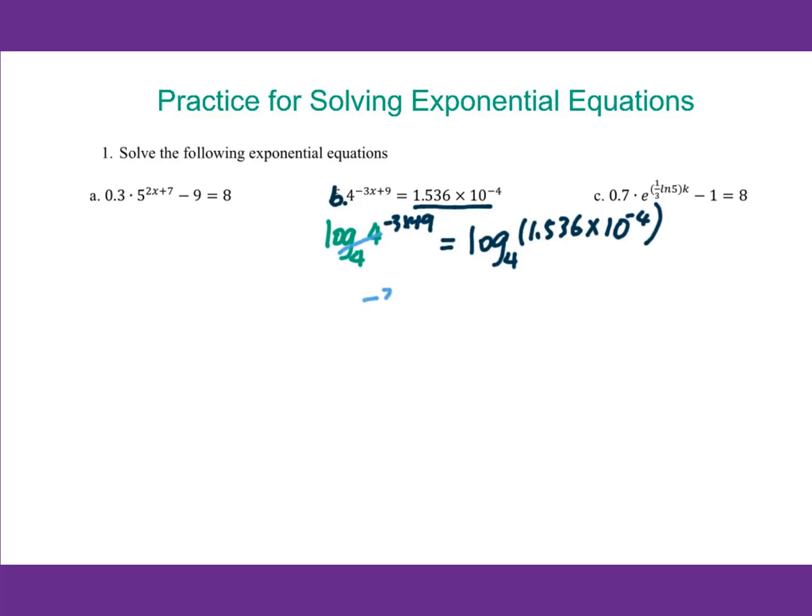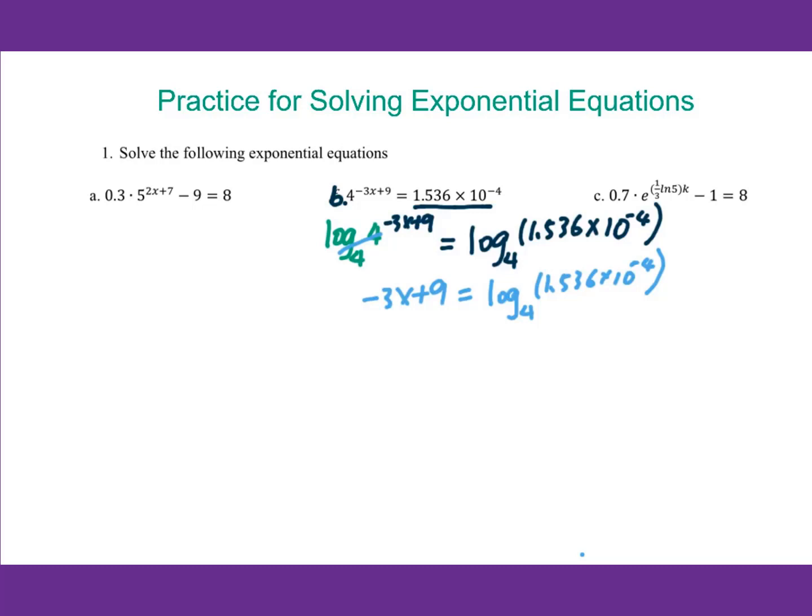So we got negative 3x plus 9 on the left side equals log base 4 of 1.536 times 10 to the negative 4th power.